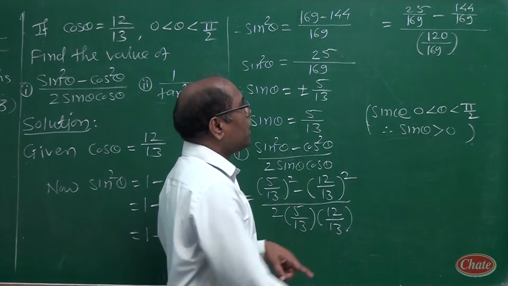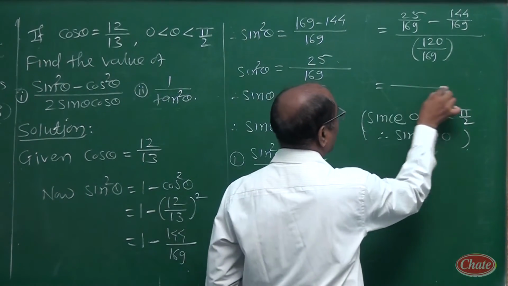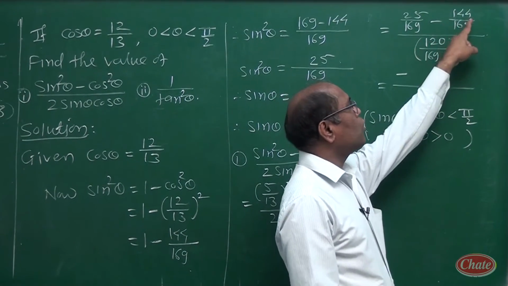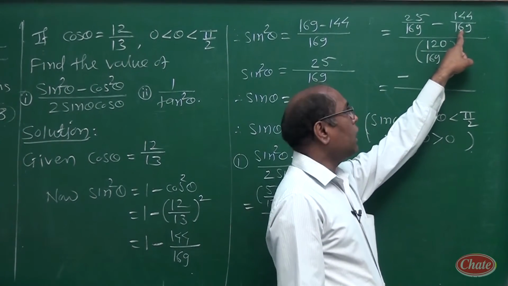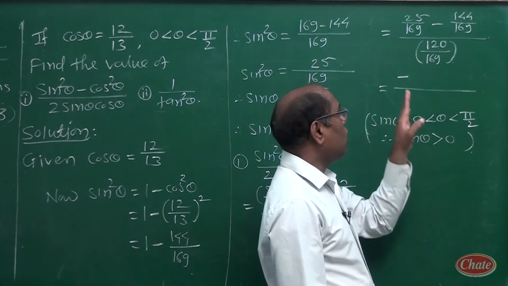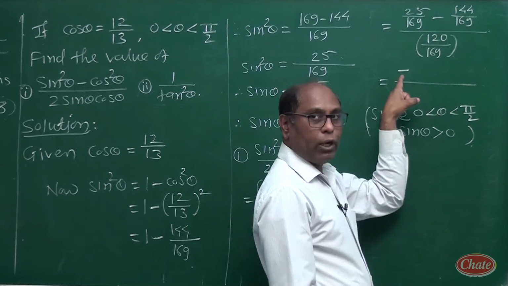Okay, and now that is equal to 25 upon 169 minus 144 upon 169. So 144 is greater than 25, so here we get a negative answer there.